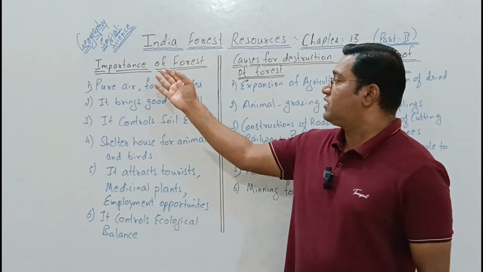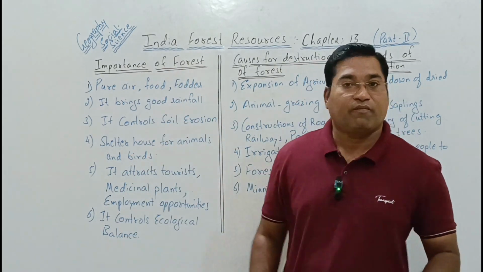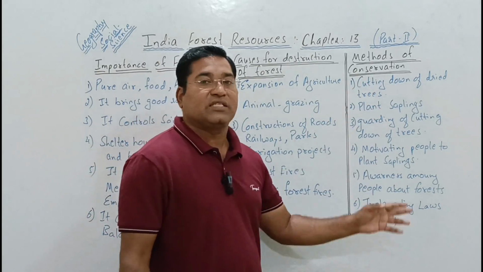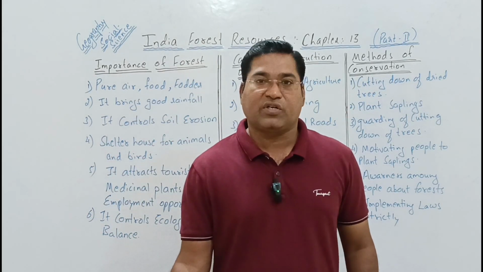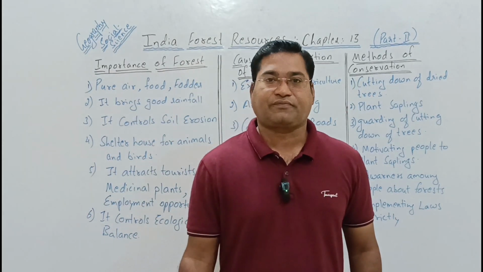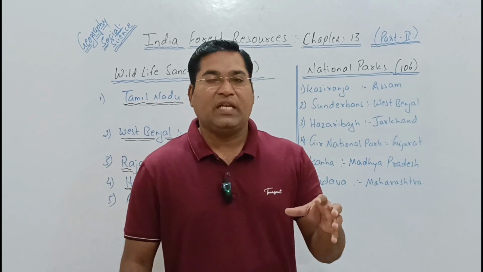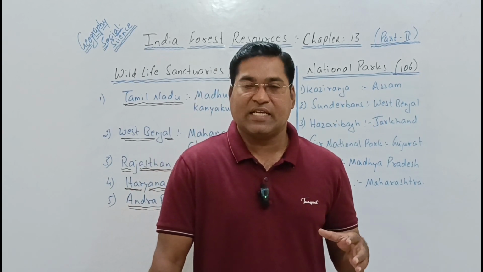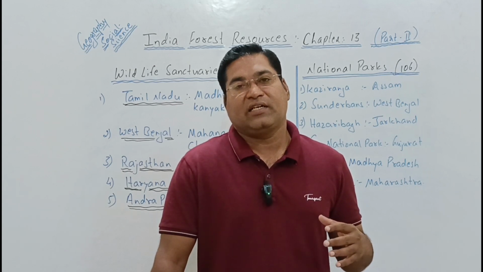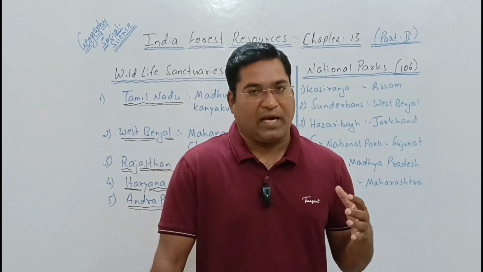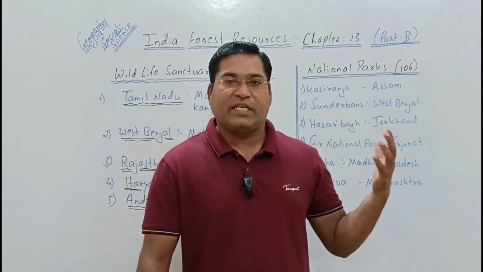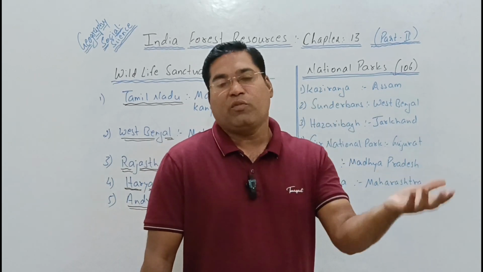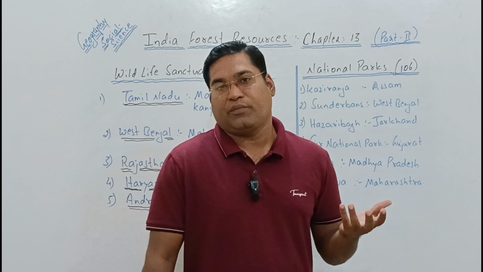So these are the importance of forest, the causes for the destruction of forest, and the methods for the conservation of forest. Now let us learn how many wildlife sanctuaries we have, and also the national parks.